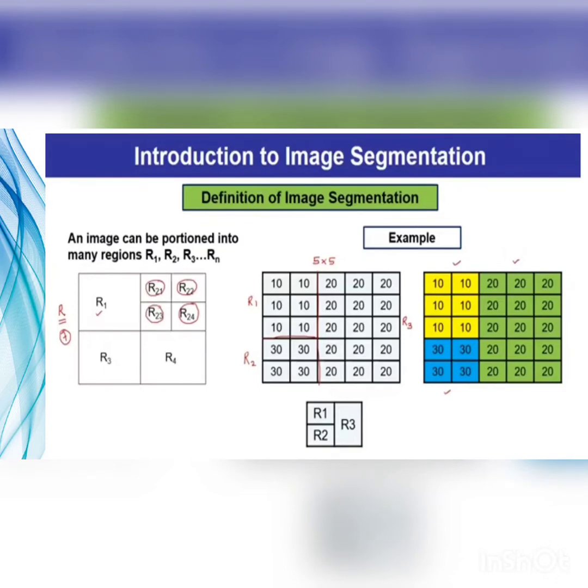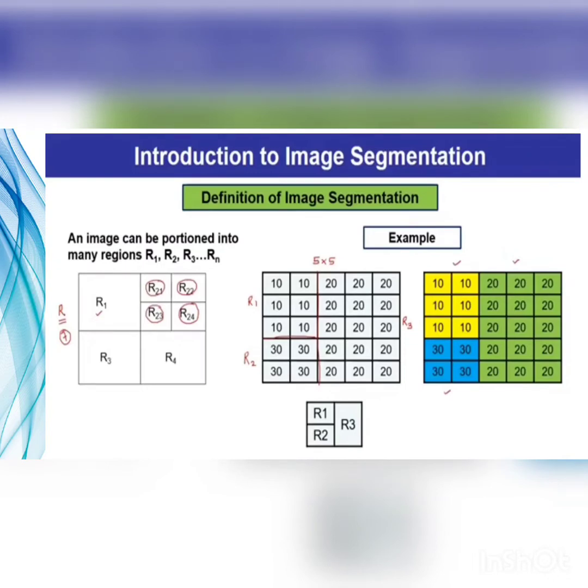Here there is an example. You can see a 5 by 5 matrix that contains lots of values, and we can segment or partition that image based on some similarity or some changes in the image.